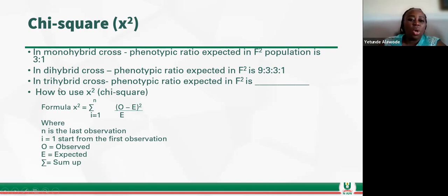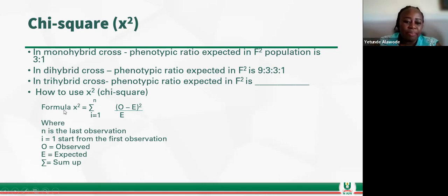In the trihybrid cross, I give you an assignment and I expect you to find the phenotypic ratio. How do you now use your chi-square?